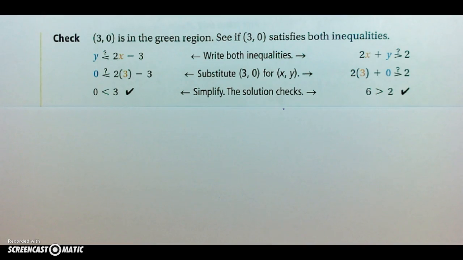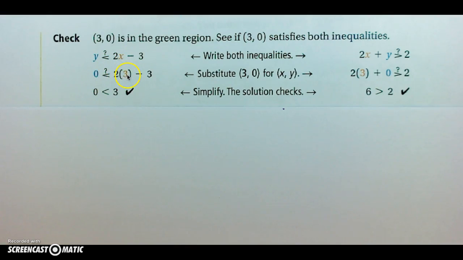So we check our work. We pull a point out of that green section: if you go to the x at 3 and 0, that ordered pair is from the green section in the picture, and we want to see if it satisfies both inequalities. So here's one of my inequalities.